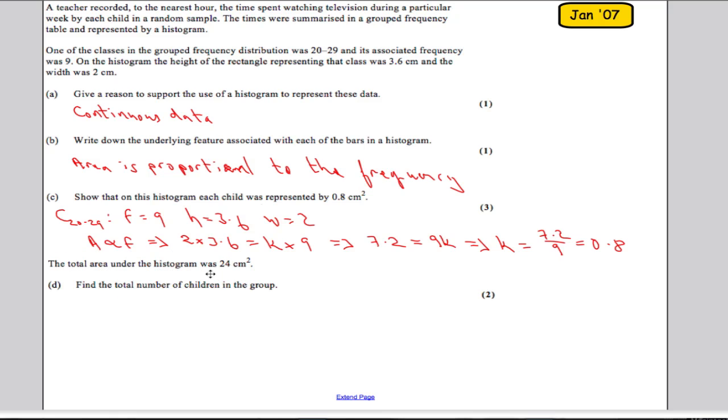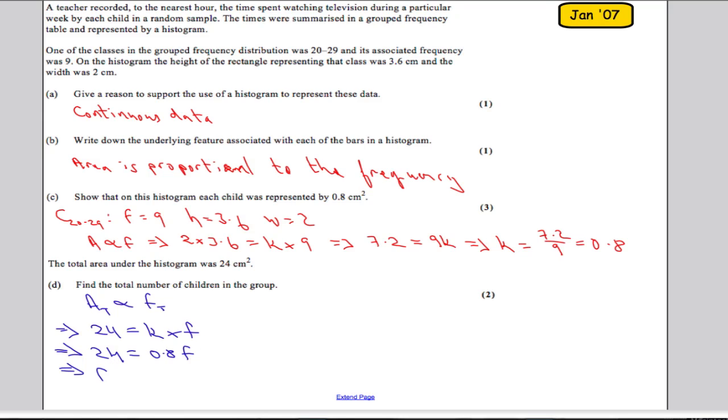The total area under the histogram was 24 centimeters squared. Find the total number of children in the group. And as always, the total area is proportional to the total frequency. That means the total area, which is 24, must equal k times the frequency, which means 24 must equal 0.8 times f.